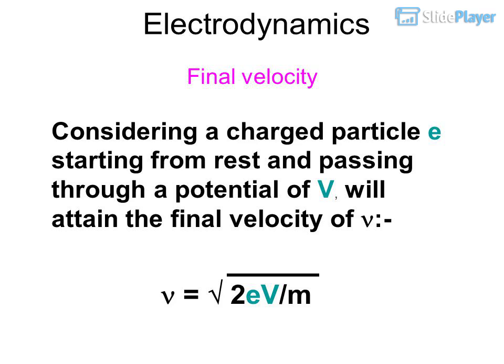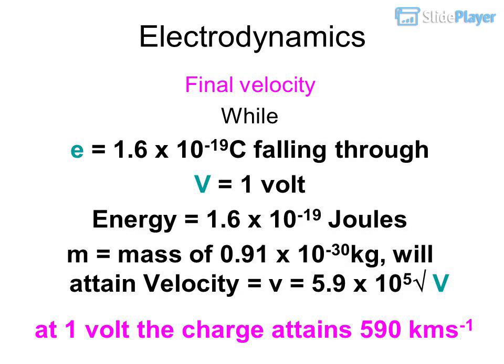Final velocity. A charged particle starting from rest and passing through a potential of V will attain the final velocity v equals the square root of 2QV over m. For an electron, m equals 9.1 by 10 to the minus 31 kilograms, and it will attain velocity v equals 5.9 by 10 to the 5 times the square root of V. With Q equal to 1.6 by 10 to the minus 19 C falling through V equal to 1 volt, the energy equals 1.6 by 10 to the minus 19 joules.